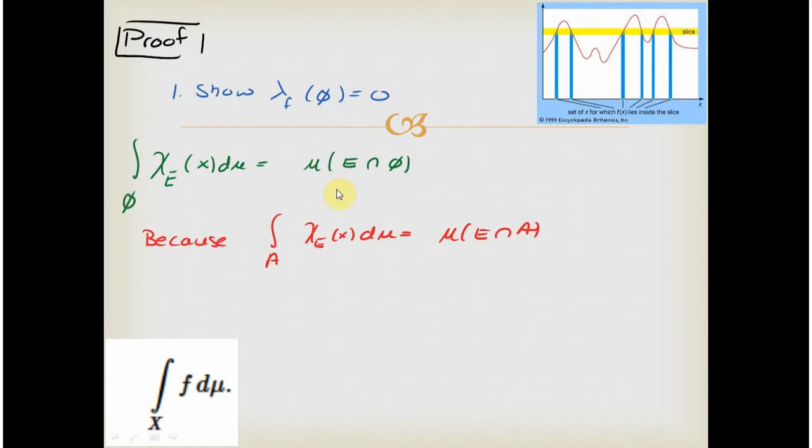Well, I'm skipping a lot of measure theory, but if I'm integrating over a measurable set A, the characteristic function of E of x, then the integral is the measure of E intersect A. And you can draw diagrams to show that this is what you're going to get. So E intersect empty set is a subset of the empty set, and the measure of the empty set is 0.